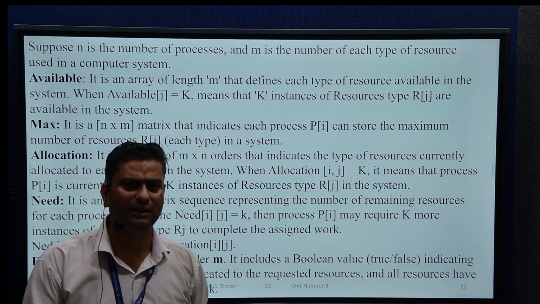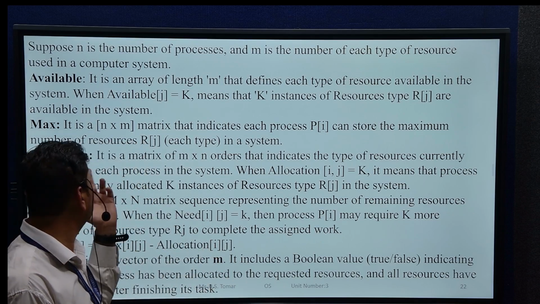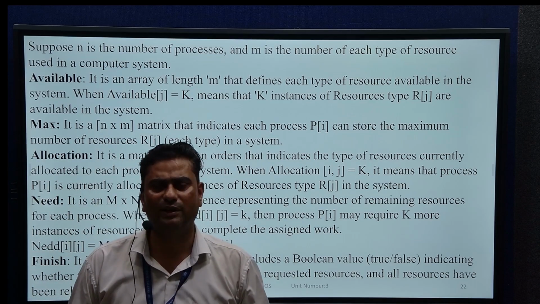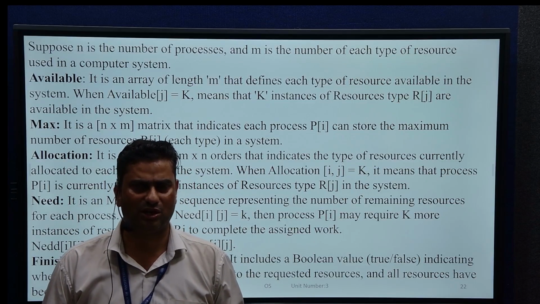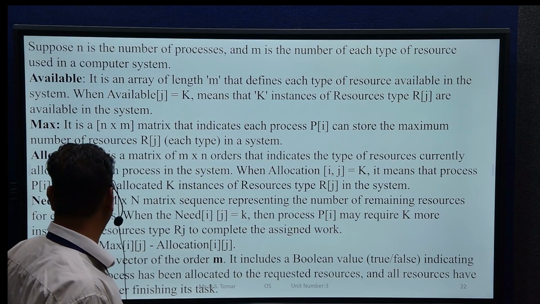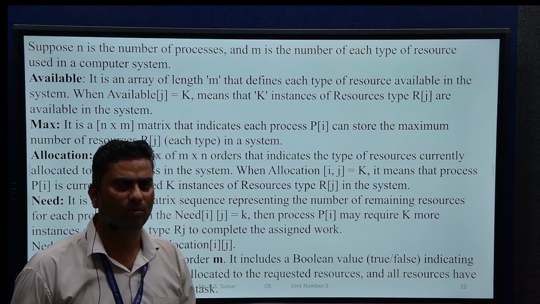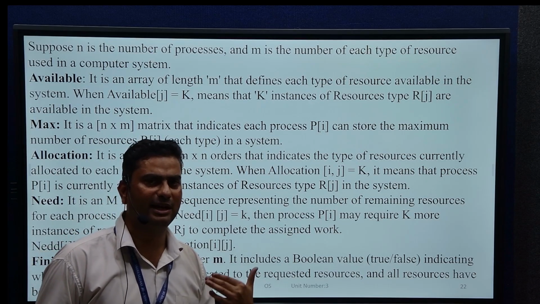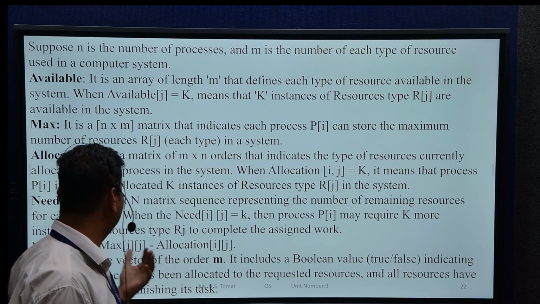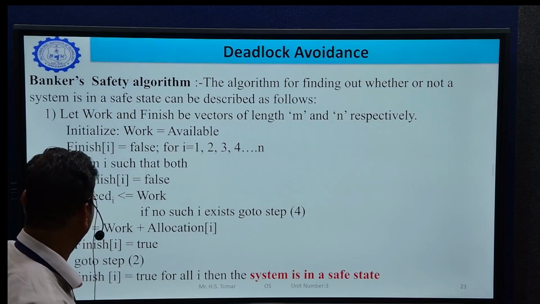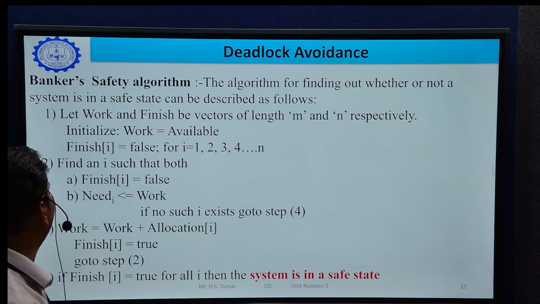Need is always calculated as max minus allocation. That is, how much a particular process needs for its execution. Finally, finish. Next.